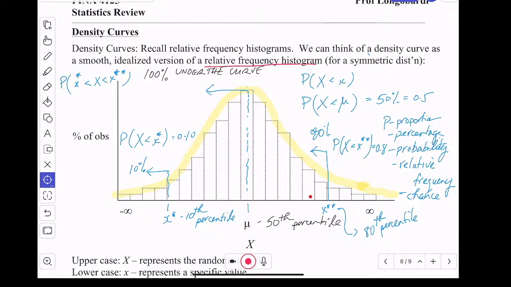So all of this is 80. This is 10. So what is this in between? To get the area in between, you take the big space and you minus the small space.